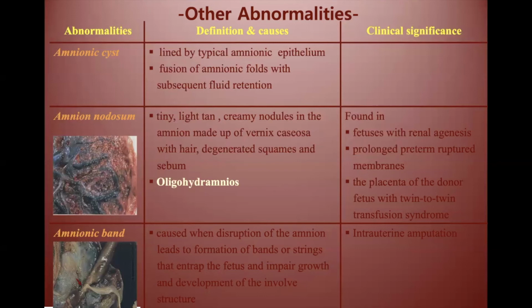Amniotic bands commonly involve the extremities to cause limb reduction defects and more subtle deformation. They may also affect other fetal structures such as the cranium, causing encephalopathies.